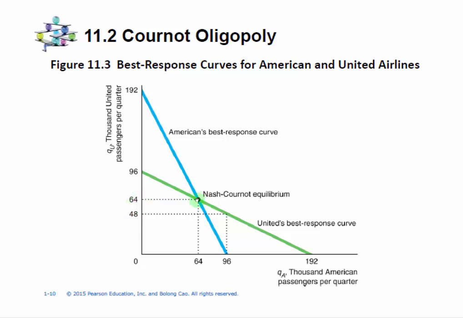So this is when both firms cannot increase their own profit by changing their output anymore. So both firms have maximized their profits by setting their output quantities equal to 64 units. This is the so-called Nash equilibrium here.